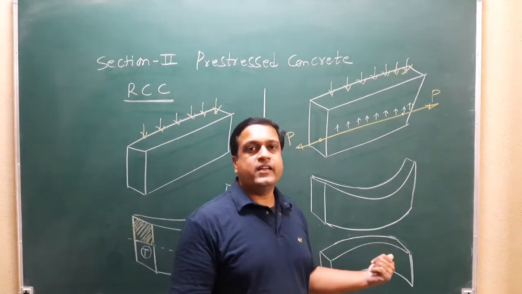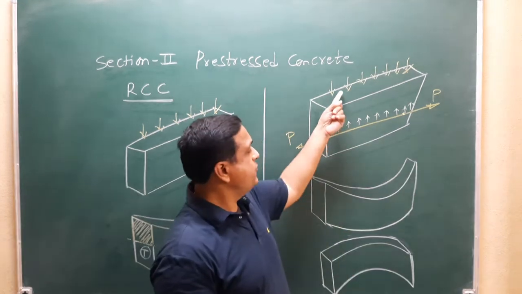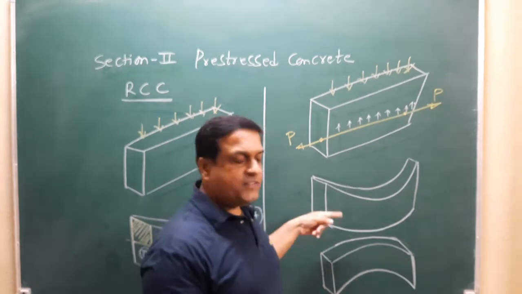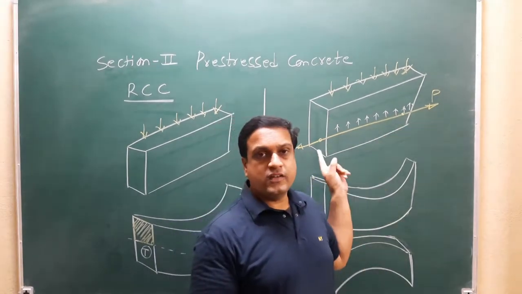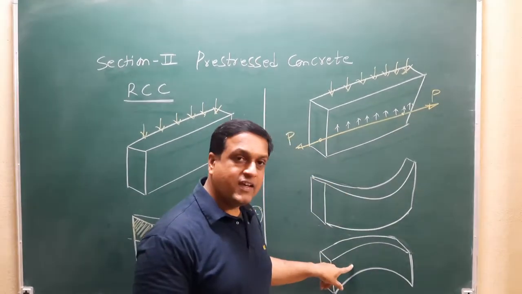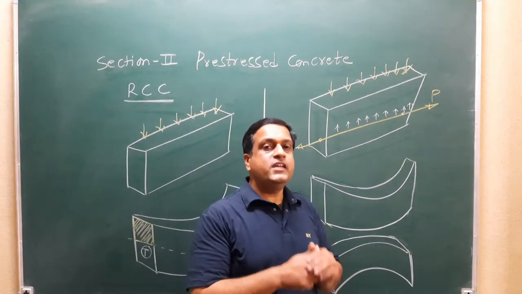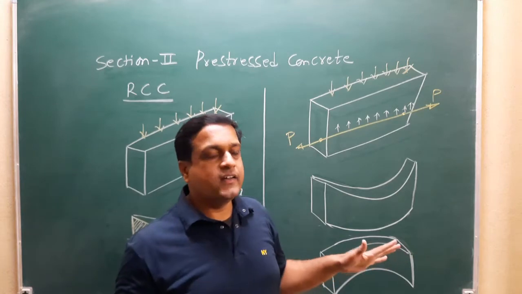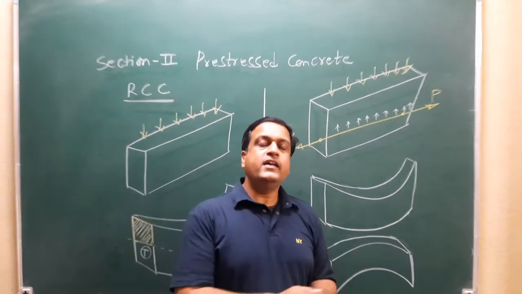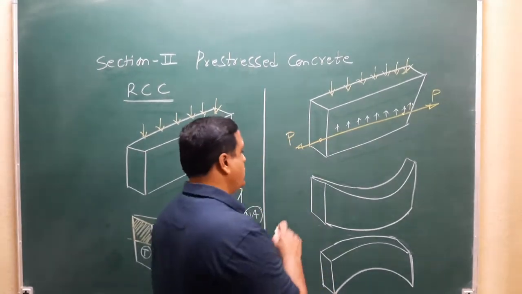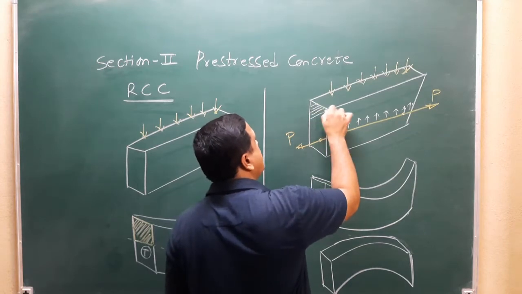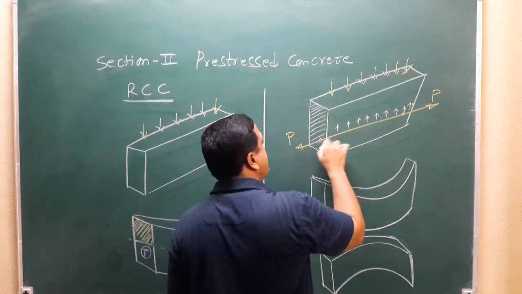There is no bending. Okay. Due to external force, it tried to bend like this. Due to internal force, it tried to bend like this, and both bendings are opposite in nature, and the beam is not going to bend. If the beam is not going to bend, that means the total concrete or total material is in compression.